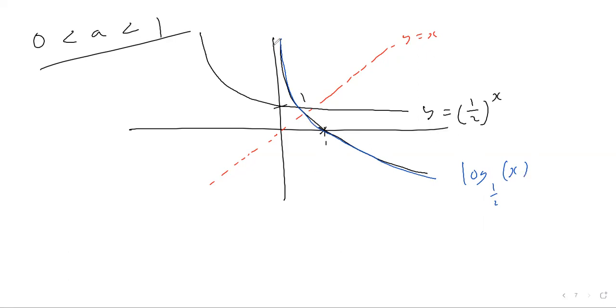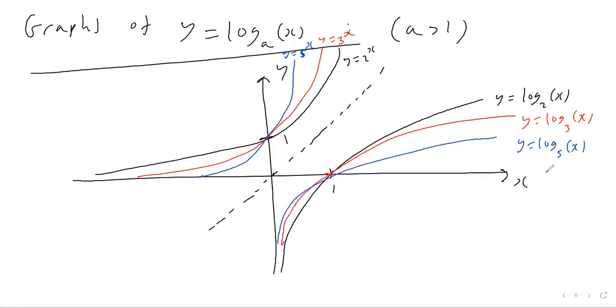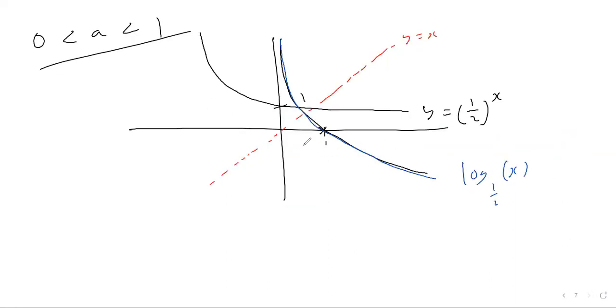This graph is the reflection over the x-axis of these graphs here. With this log base a half, it's actually the reflection of the log base 2 graph. Remember, this log base 2 graph was something like this. So y equals log base 2.